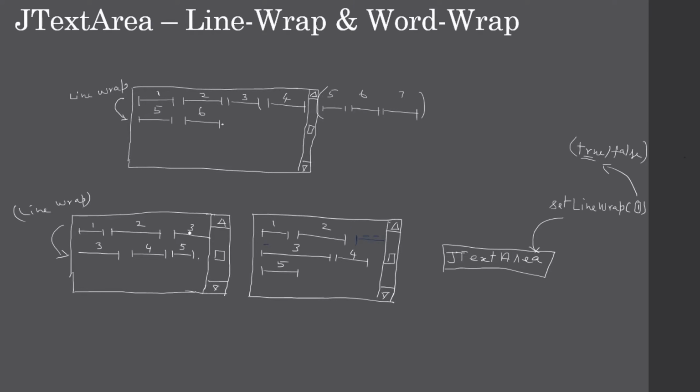Here you can see the third line without weight wrap. Here with weight wrap, you can see that the weight is wrapped to the next line. So you can use the function setWrapStyleWord, and you can give it boolean true or false to say whether you need word wrap or not.